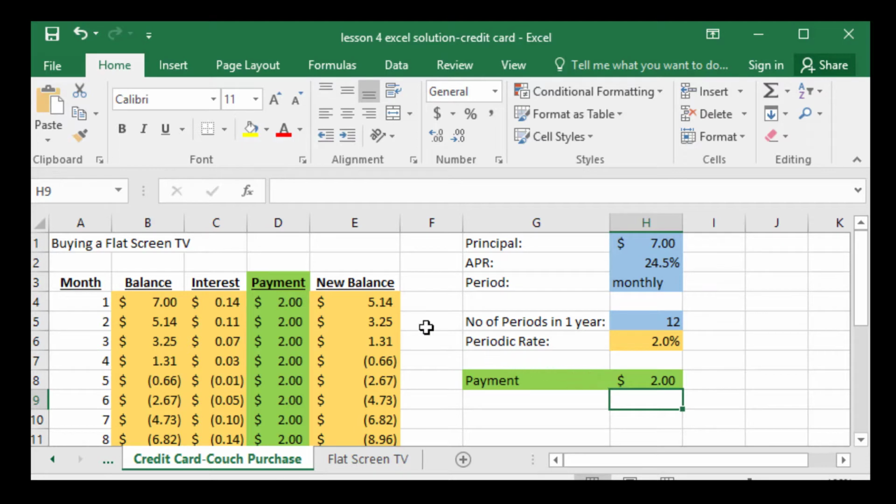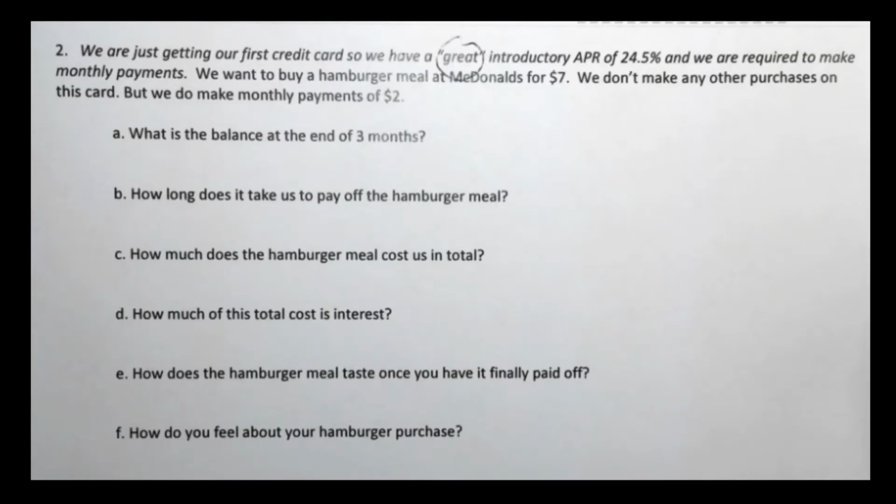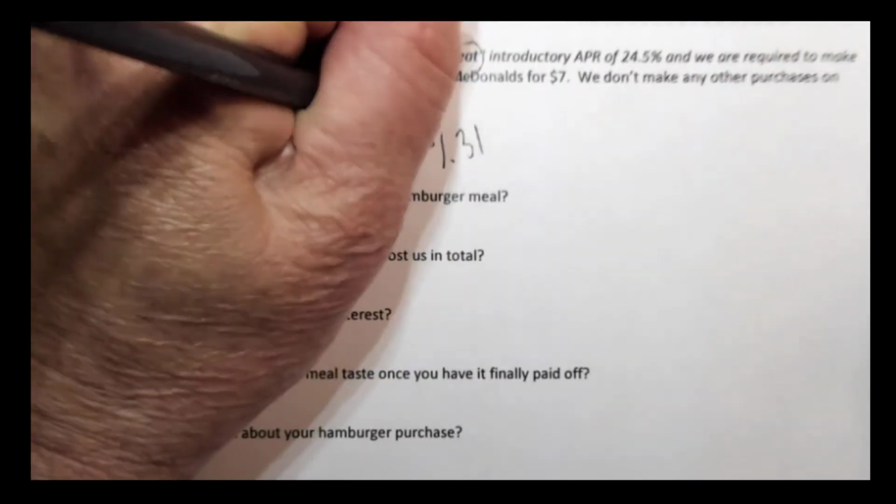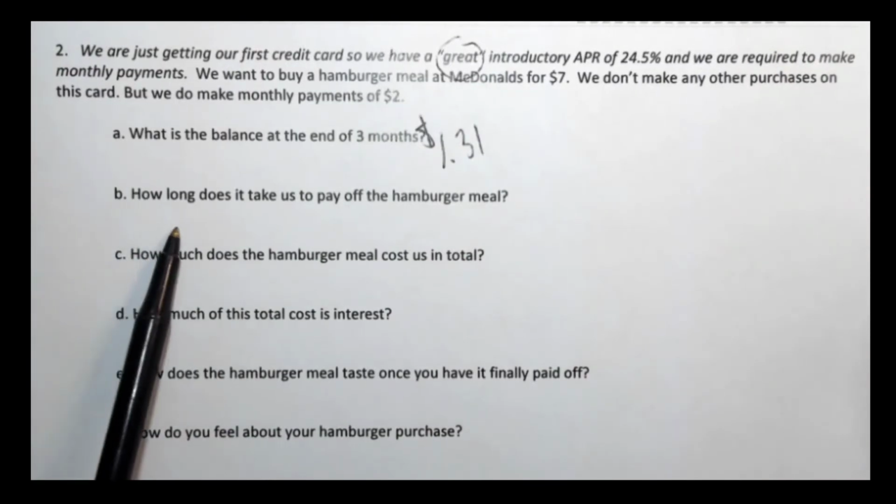What's the balance at the end of 3 months? $1.31. So you put that in there, $1.31 at the end of 3 months. How long does it take us to pay off the hamburger meal?